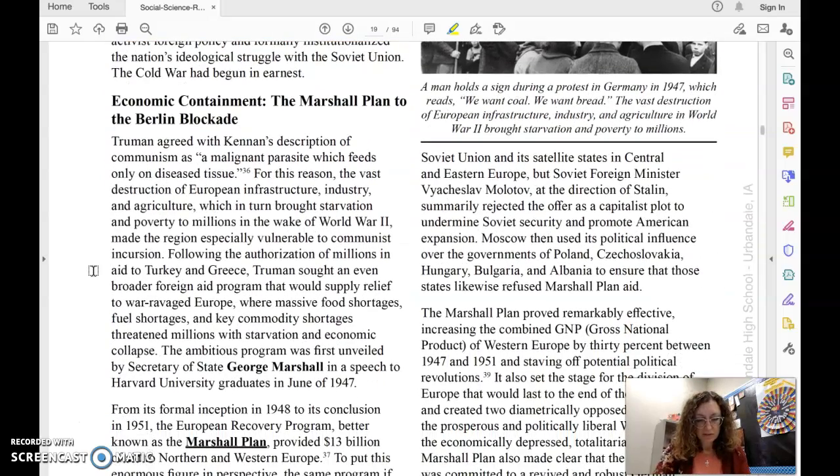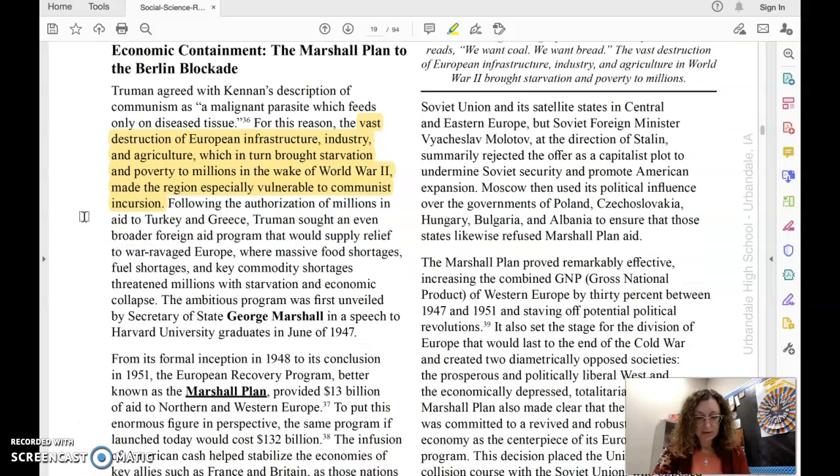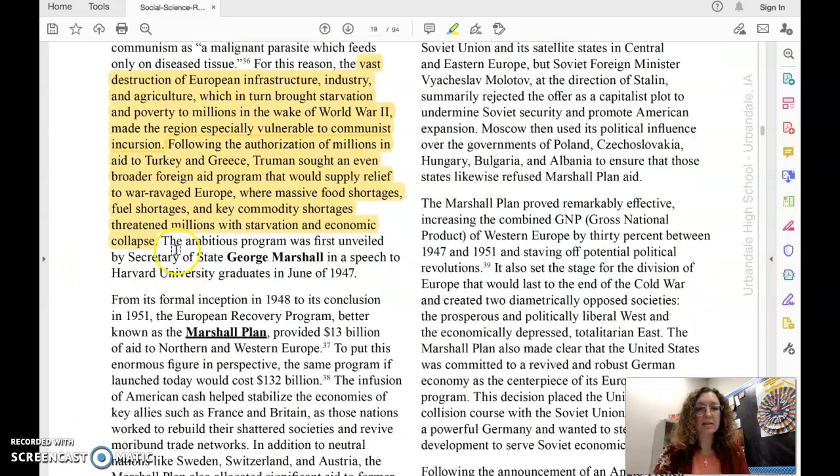Now, we know that the Marshall Plan is going to come into play here. Because of World War II, a lot of these nations have been bombed. A lot of their industry is destroyed. And so we start, as the United States, with supporting the countries of Turkey and Greece, and we give them some financial aid to keep them from being vulnerable to these communists who are also stepping up to help.